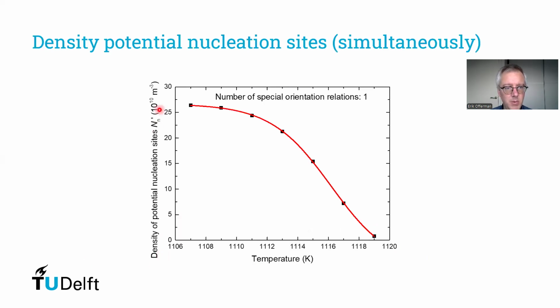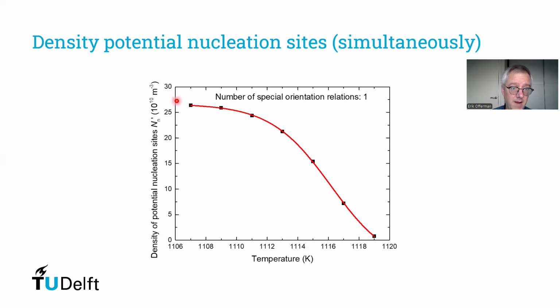Now, the density of potential nucleation sites changes as a function of temperature, because when you have more nuclei forming, the density of potential nucleation sites should decrease because there are fewer of them because of the formation of nuclei. We measure the number of nuclei, and we assume that this is the way the density of potential nucleation sites reduces as a function of temperature.